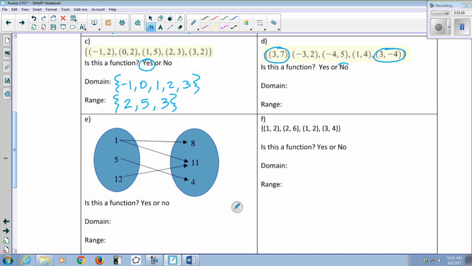So this is not a function. Right? Each x can be paired with only one y. It's not a function, but it does still have a domain and range. The domain is still the set of all x coordinates here. So I've got 3, -3, -4, and 1. And the range is 7, 2, 5, 4, and -4.